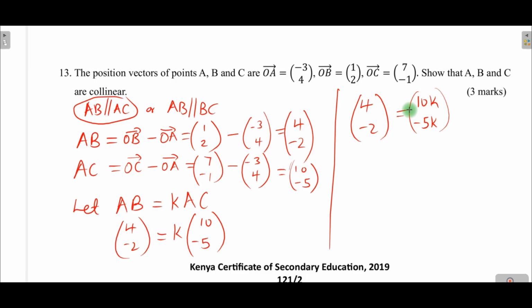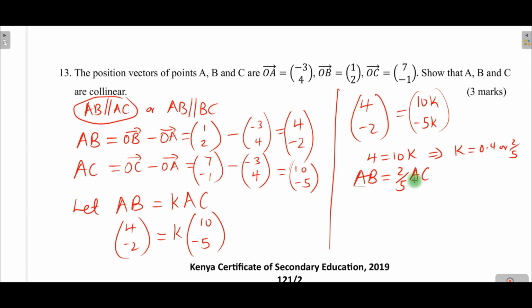So equate the corresponding elements. We are going to have 4 is equal to 10K, and this implies that K is 0.4, or that will be 2/5. We can do the same with the other one, but since now we have the value of K, then AB is actually 2/5 of AC.